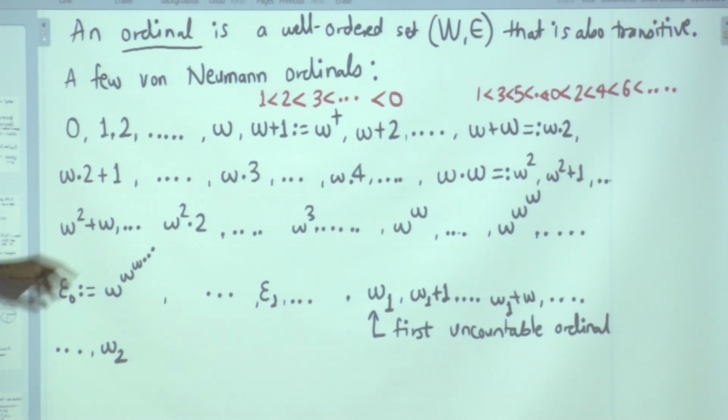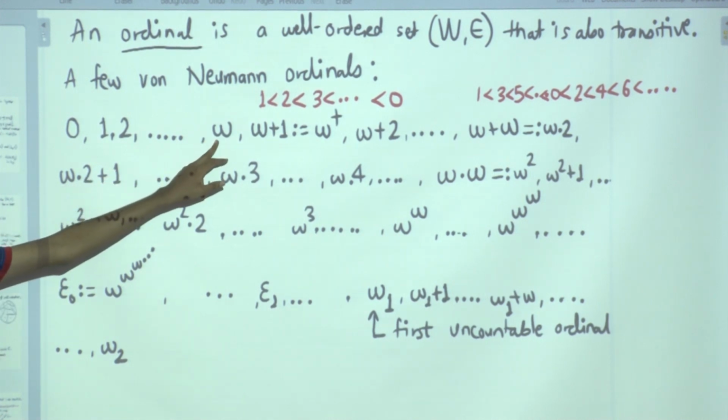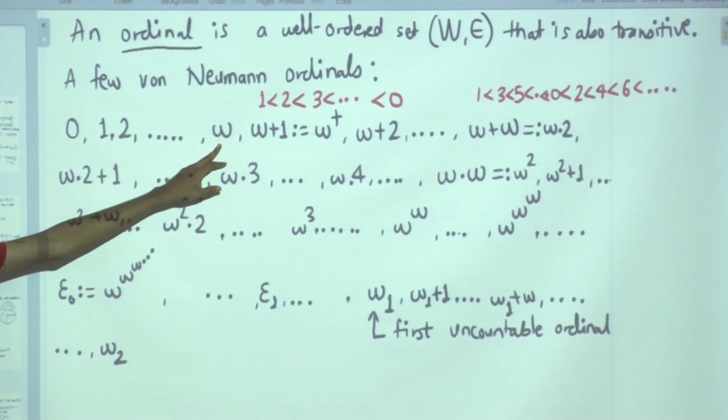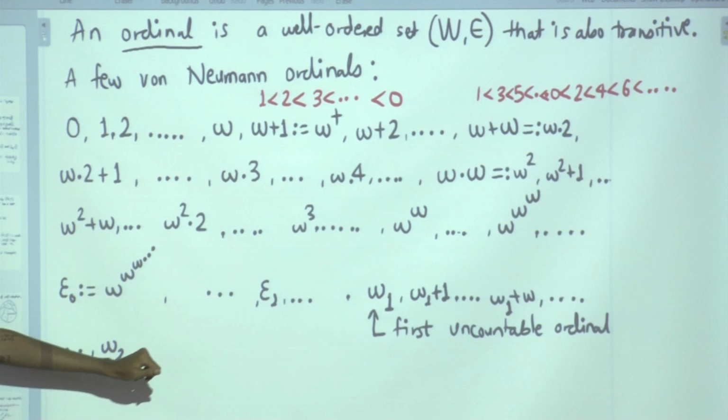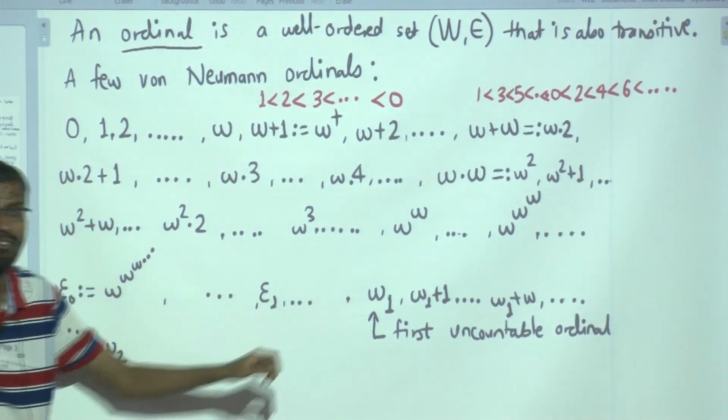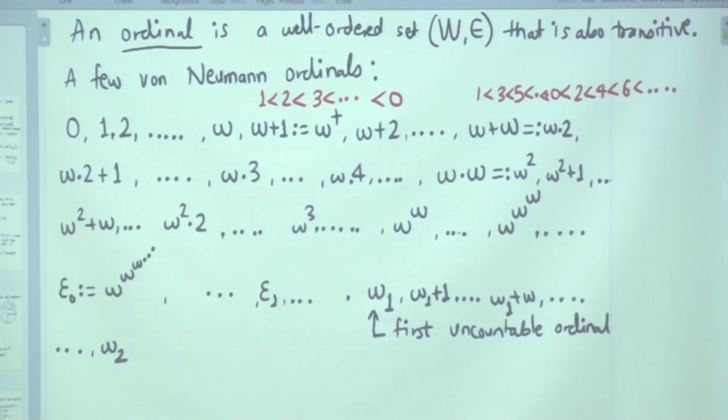So we started with omega. That was our first countably infinite ordinal, but eventually we ran out of all such things, so therefore we hit omega 1, which was not in bijection. So everything in this green bracket is countably infinite, which means it is in bijection with omega.